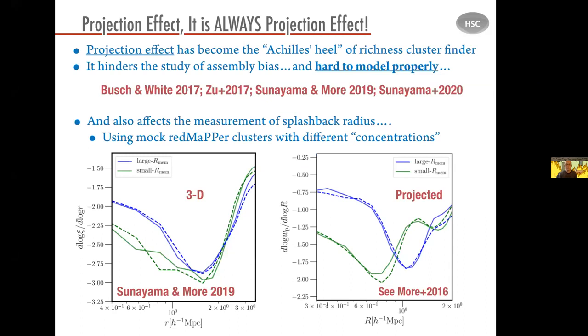And this is not only because it's really annoying. Another annoying part about the projection effect is that it's very hard to model properly. Basically, it's very hard to mimic the behavior of the color of galaxies and their dependence on redshift and the cluster finders, all those systematics. So how should we go from here?